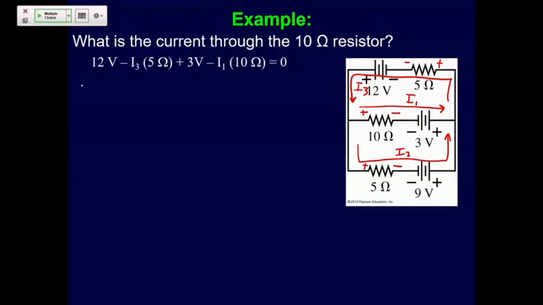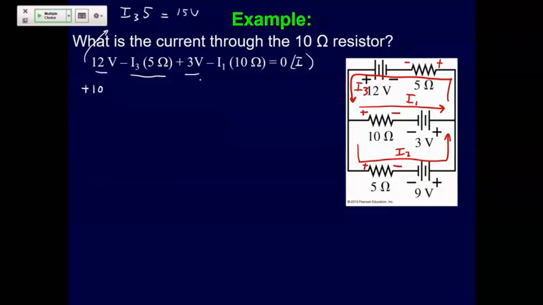Okay? And so I get a loop here. So we got this first loop right here. And I'm going to call this my equation 1. Here I can rewrite this equation 1 like this. So I'm going to actually do the algebra. I get I3 times 5, and that's going to equal 15 volts.